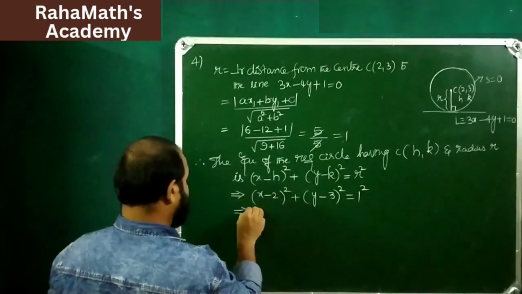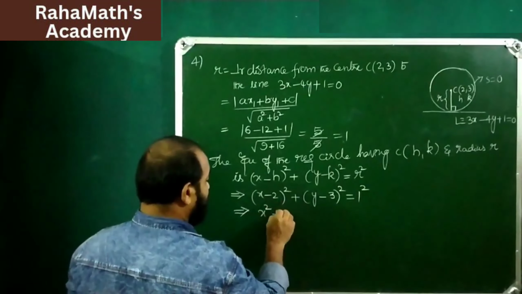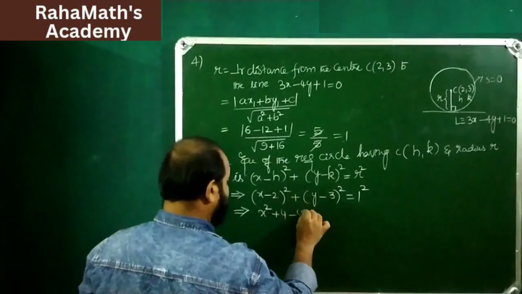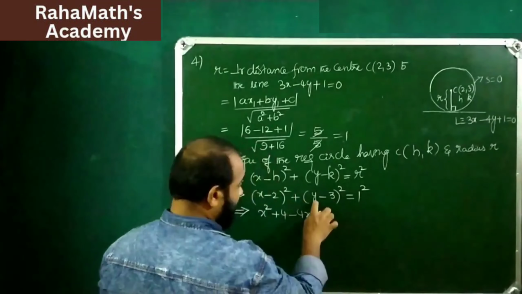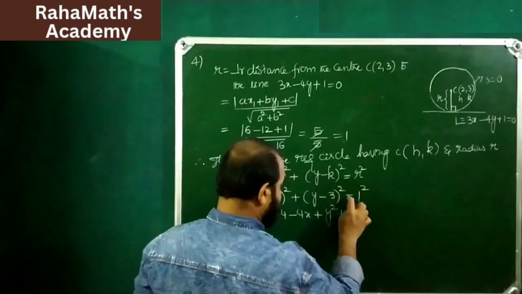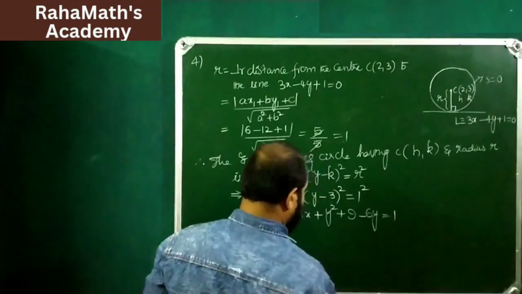So implies, (a minus b) whole square, a square plus b square: 2 square 4, minus 2 2 is a 4x, plus y square plus 3 square 9, minus 2 3 is a 6y is equal to 1.